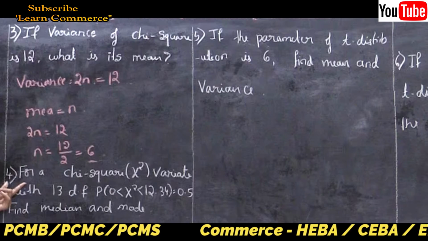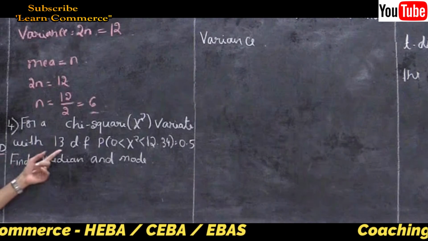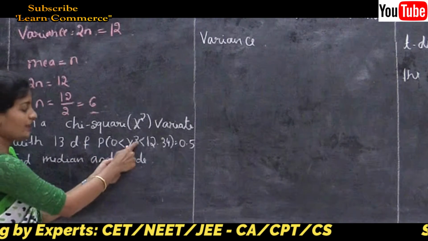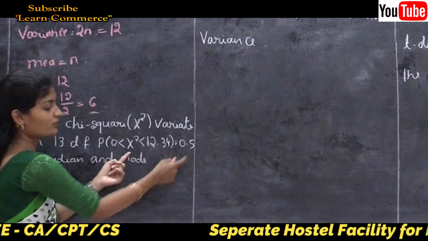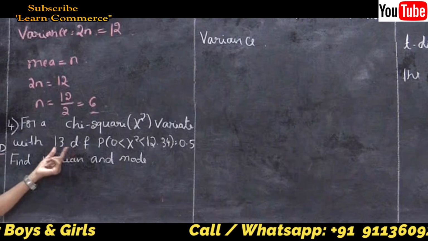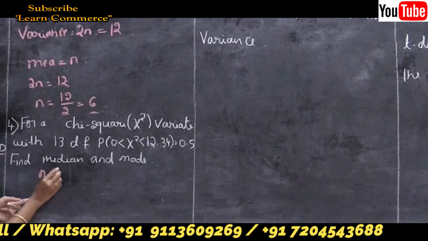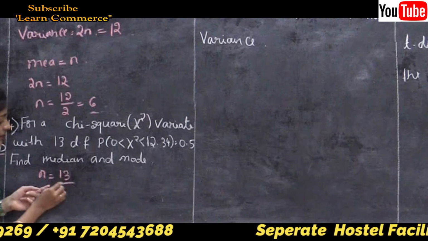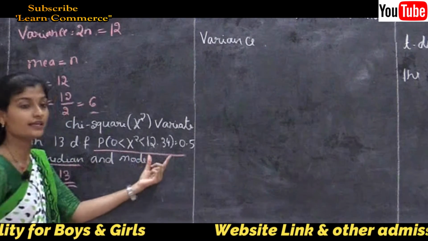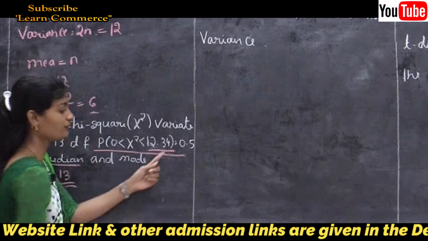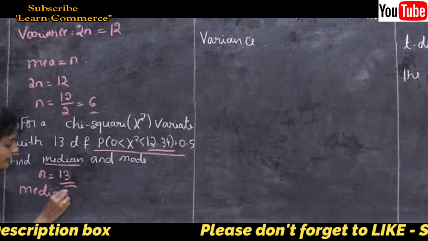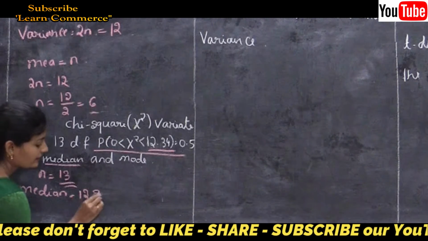Okay, next let us see the fourth problem, that is for a chi-square variate with 13 degrees of freedom, the probability that chi-square lies between 0 and 12.34 is equal to 0.5, and we need to calculate the median and mode. Here 13 means n is 13. We can easily calculate the median using these terms. One observation is given, 12.34, and this is the median.